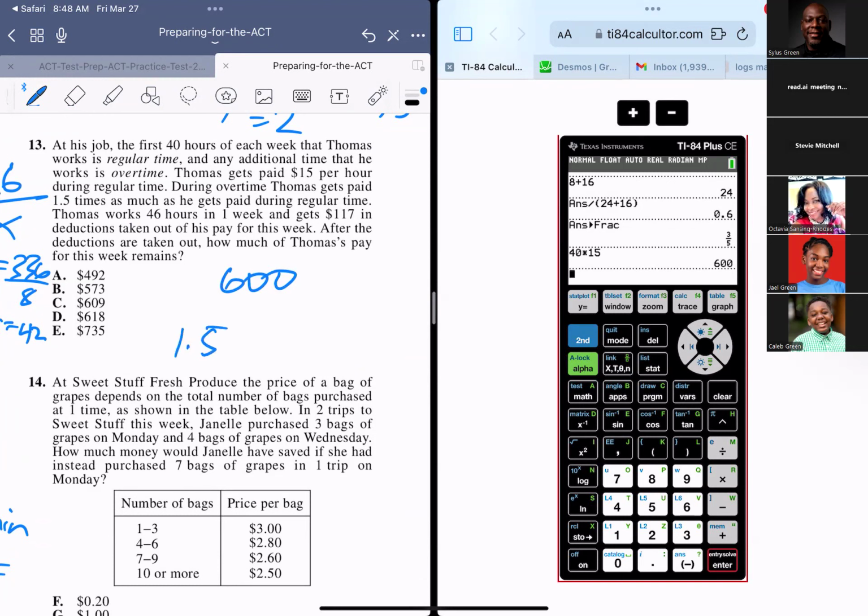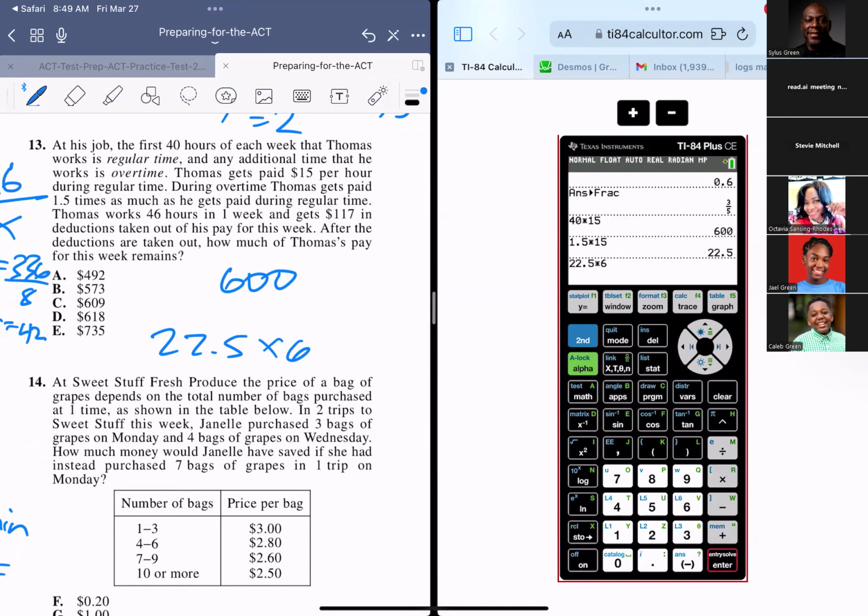So 1.5 times 15. Put that in your calculator. That's 22.5. So for the 6 hours he worked overtime, he gets 22.5 per hour. So we're going to do 22.5 times 6. That's $135.